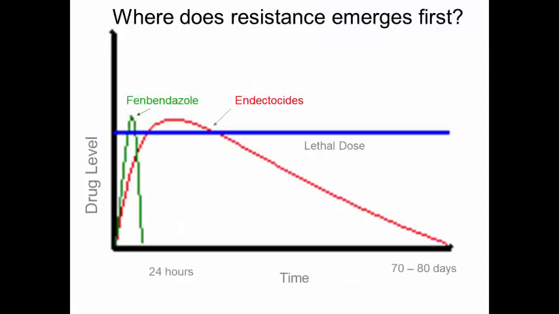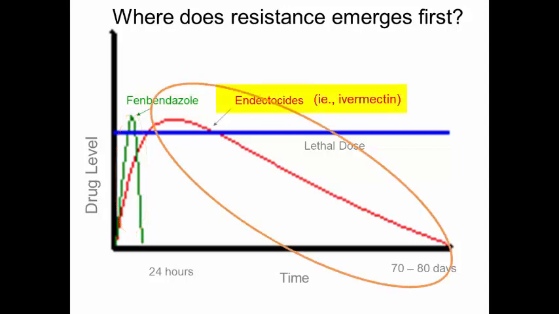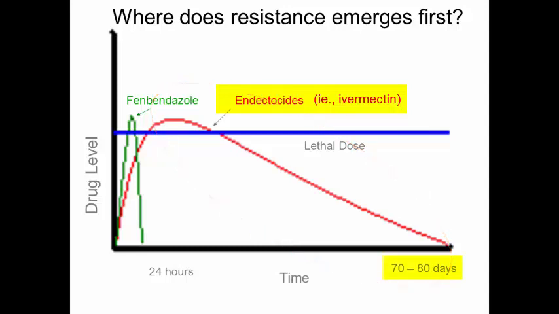Now, if you understood this concept, the one on this other slide is going to be kind of simple to comprehend. The question is, where does resistance emerge first? When using a drug like fenbendazole, which is very rapidly cleared from the bloodstream, or when you use an insecticide like ivermectin, that as you can see, and depending on the formulation and the dosage, can stay in the body for up to 3 months.